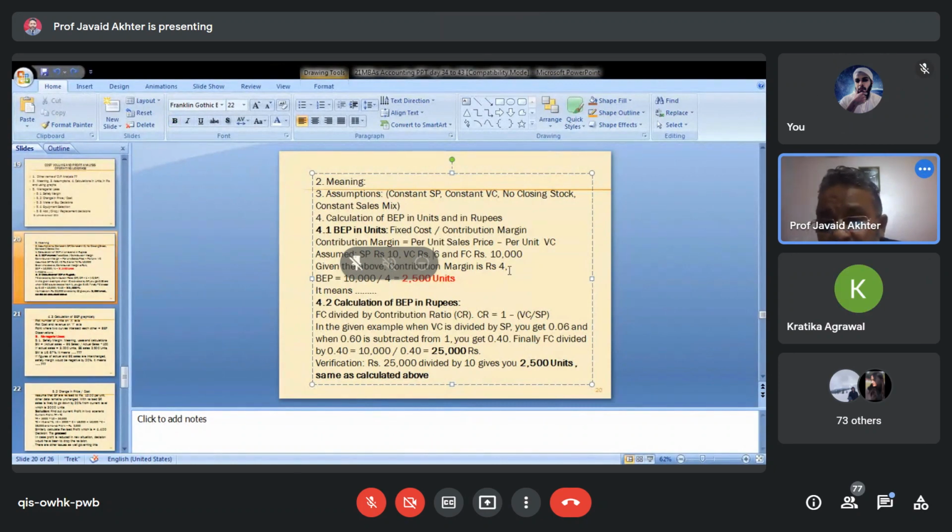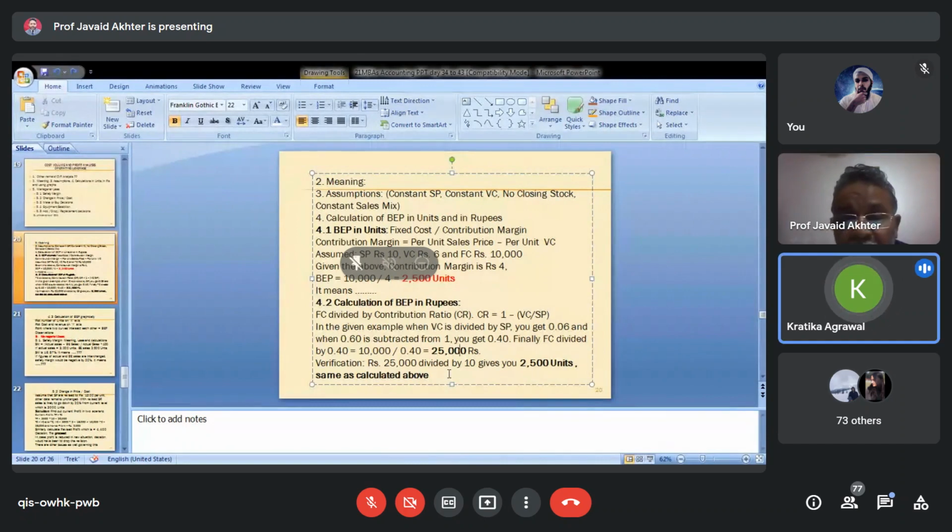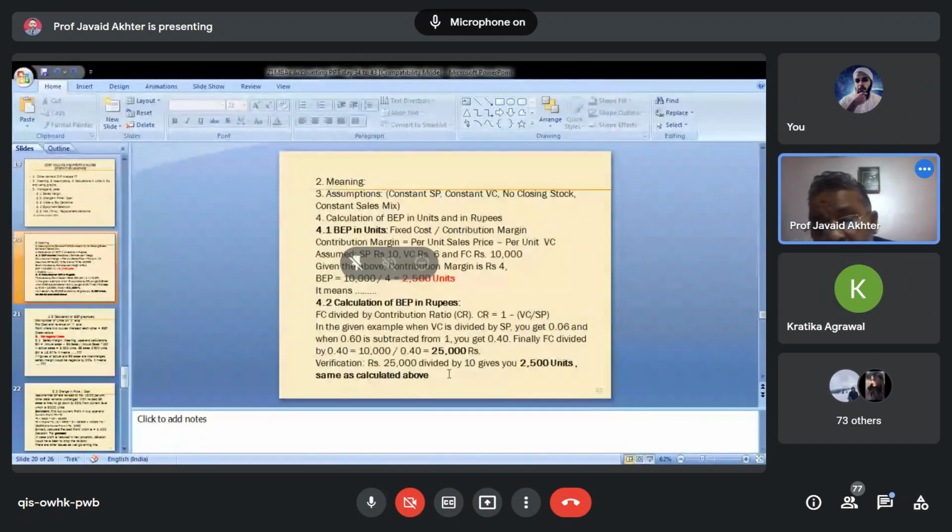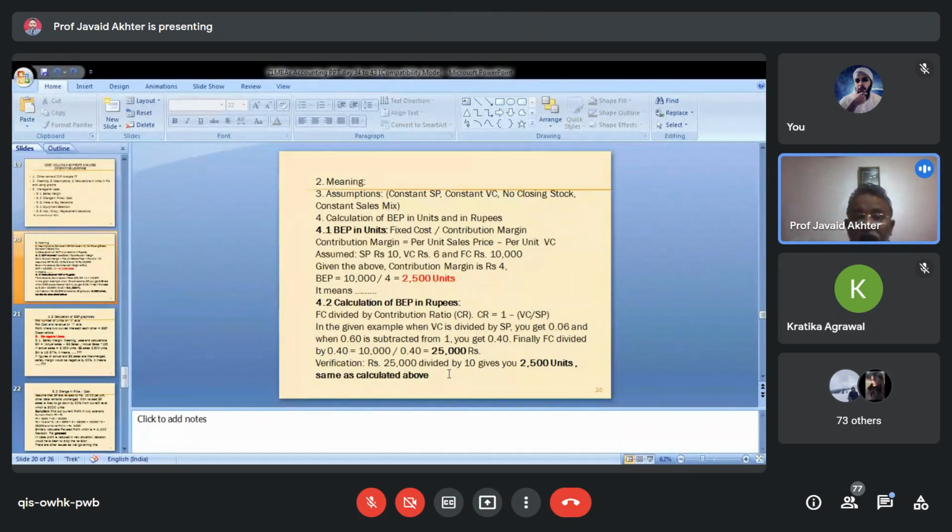What is the fixed cost? 10,000. So 15,000 plus 10,000 gives you 25,000. So your total cost of producing 2,500 units is 25,000. Your total revenue is 2,500 into 10, isn't it 25,000? And your answer is 0. Neither profit nor loss.